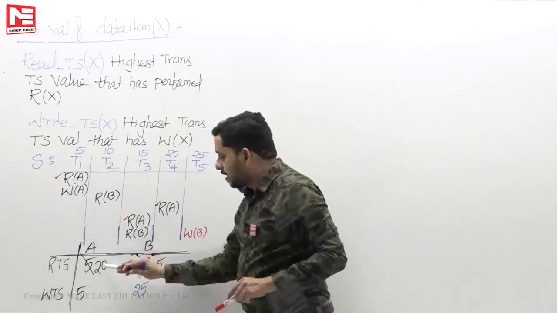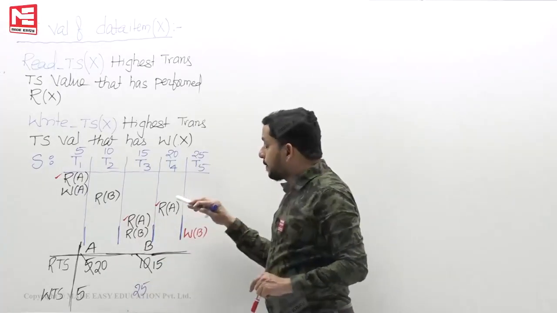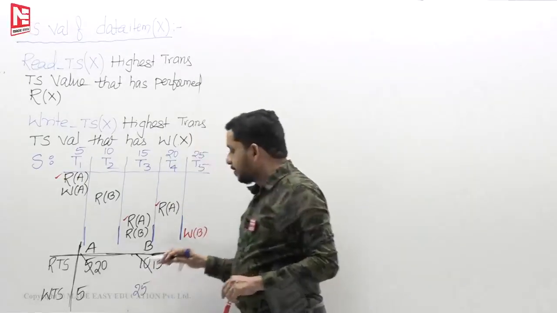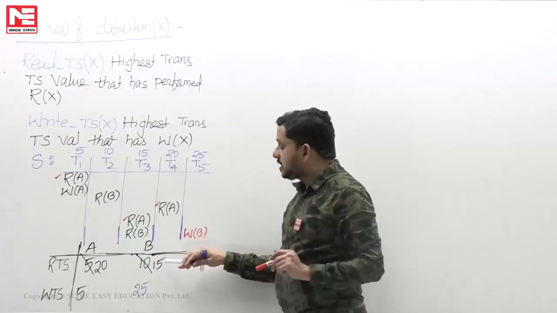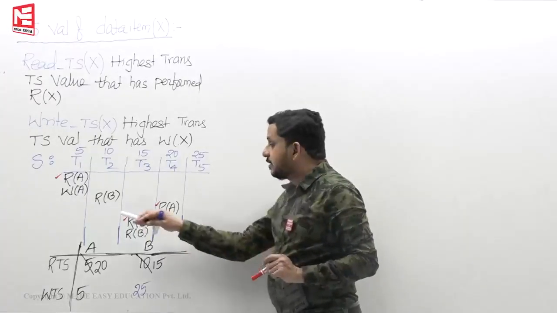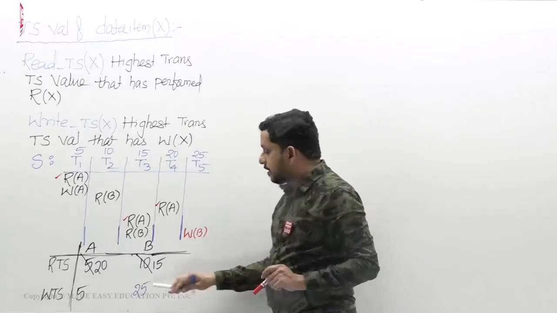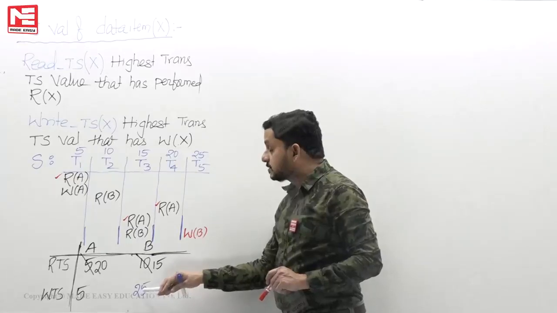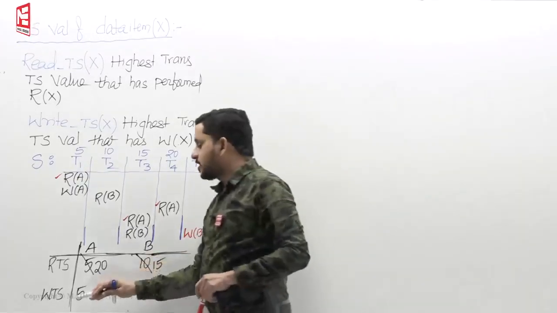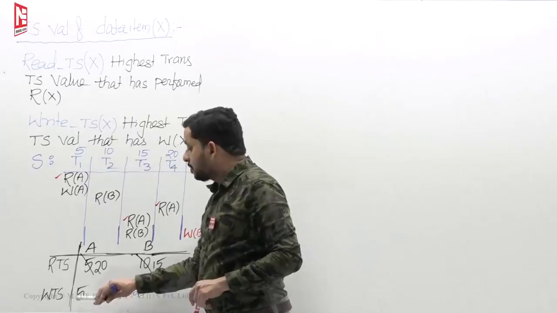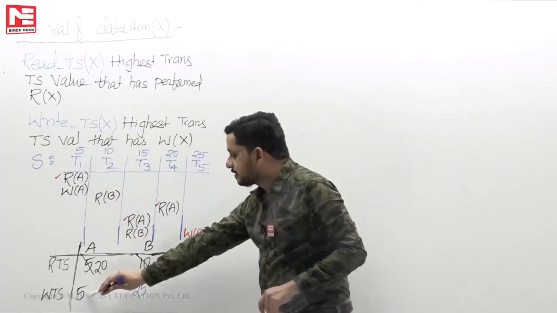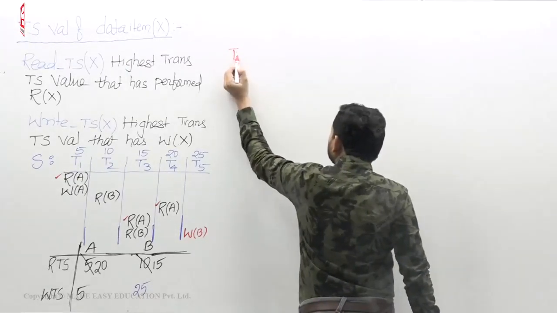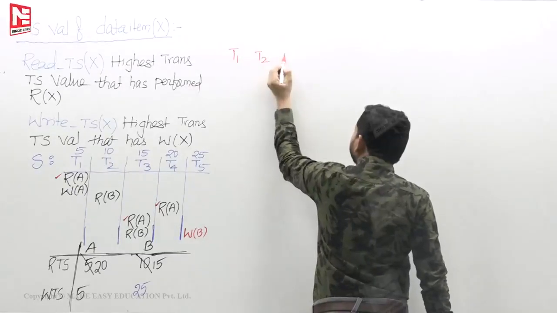So for data item A, the youngest transaction who performs read of A is 20, and for data item B, the youngest transaction who performs read of B is 15, meaning T3. For the write operation of data item B, the youngest transaction who performs the write of B is T5, and for data item A, the youngest transaction who performs write of A is T1, which is 5. So again repeating the same thing, so that you get a clear idea.